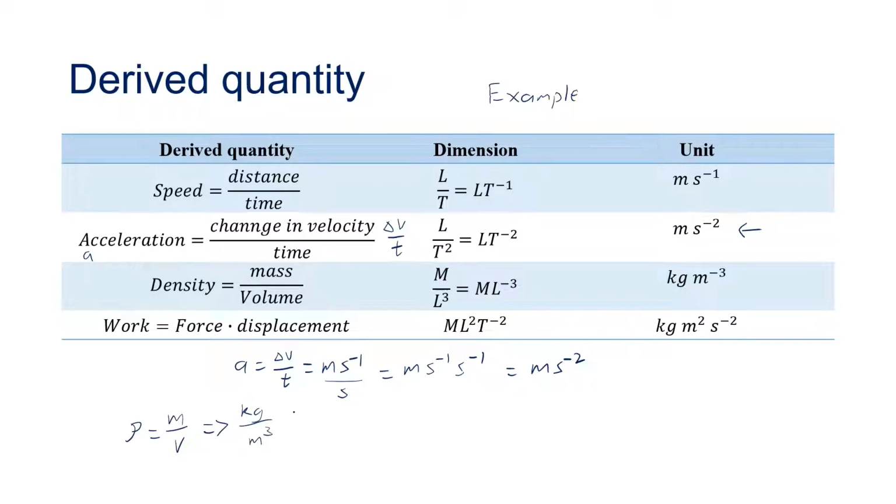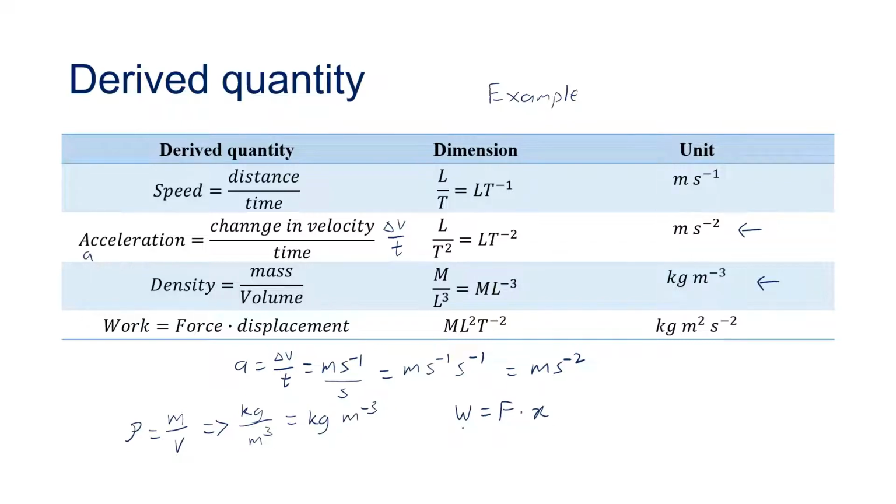Again, this is a division, so we can write this as kg per meter cubed. And work done, this is work actually, W equals the force multiplied with, actually this is a dot product, the displacement, so F dot x.